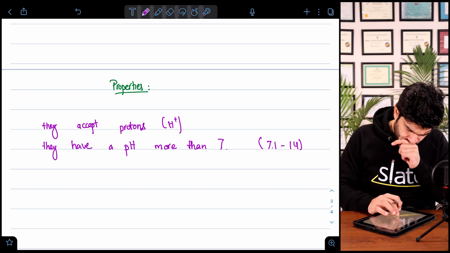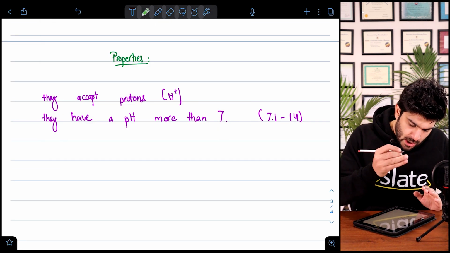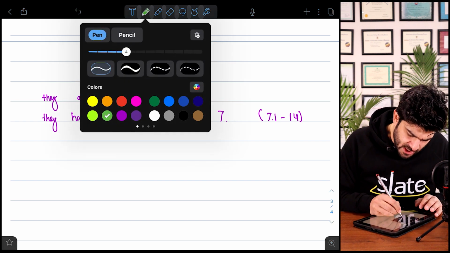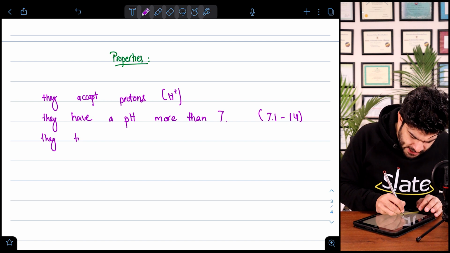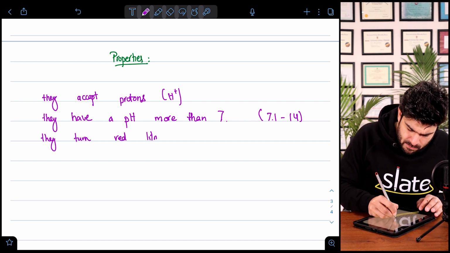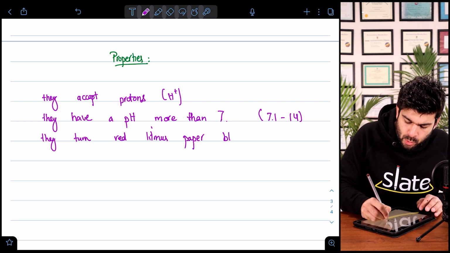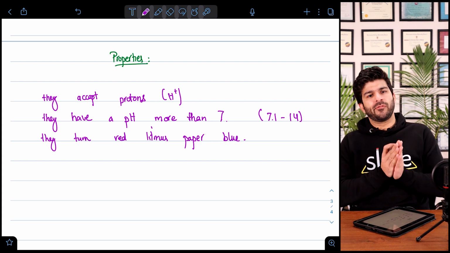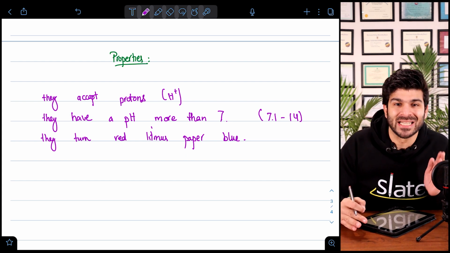Now, students, there's another important property of bases that you need to remember. They turn red litmus paper blue. So the end result of a red litmus paper dipped in a base, in an alkali, is that it turns blue.